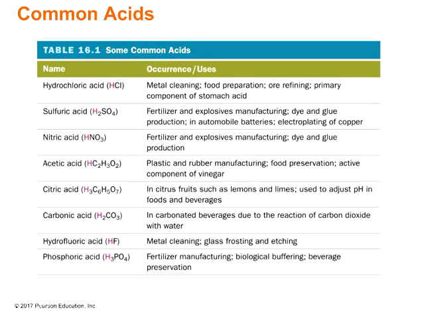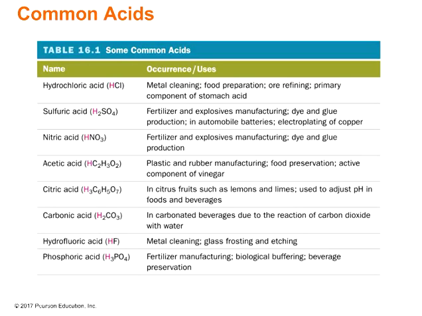Nitric acid is similar, and we talked about acetic acid, which is in vinegar, and citric acid, which is in citrus fruits. Carbonic acid is found in carbonated beverages, and hydrofluoric acid is dangerous, so this can be used to etch metals, for instance, or glass.